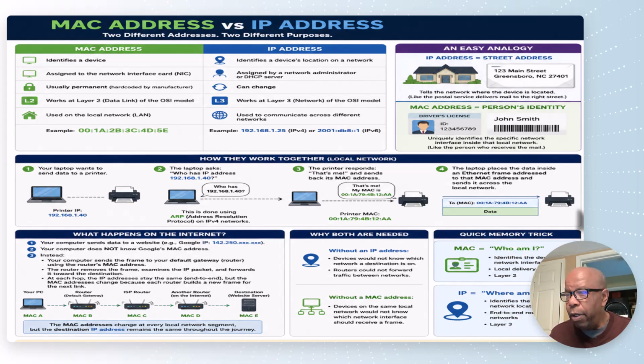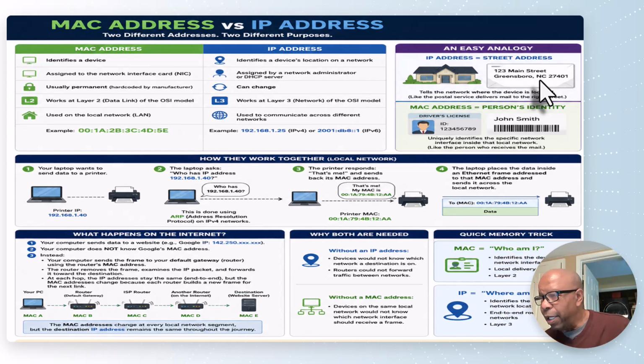Looking at another way, the IP address is the street address. Here we have 123 Main Street, Greensboro, and it tells the network where the device is located. Think of the MAC address as the person who is at that particular address. Another way to look at it: I live at this particular location, and at this location is a person named John Smith.